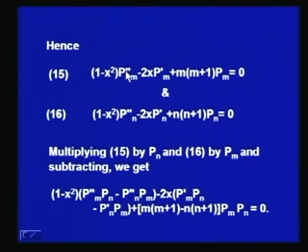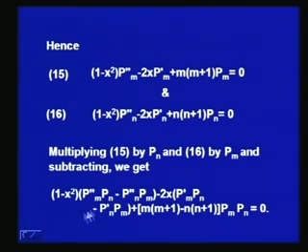Now, let us multiply equation 15 by P_n and 16 by P_m and then subtract. We will have (1 - x^2)(P_m'' P_n - P_n'' P_m) - 2x (P_m' P_n - P_n' P_m) + [m(m + 1) - n(n + 1)] P_m P_n equal to 0.